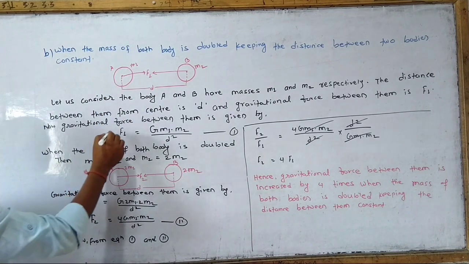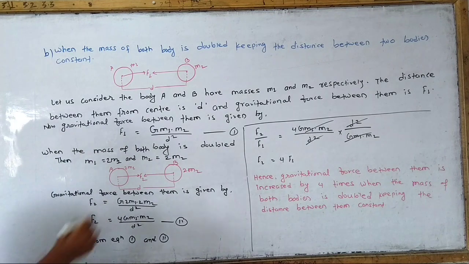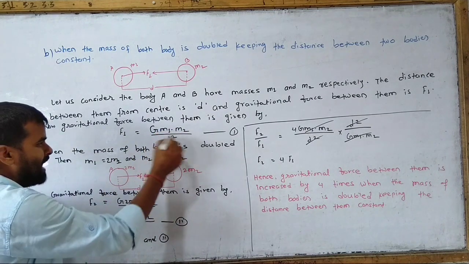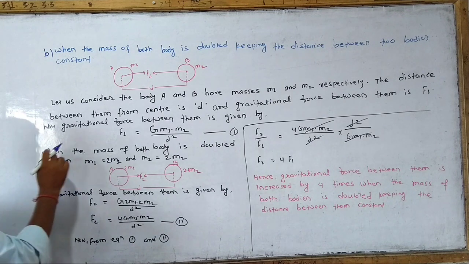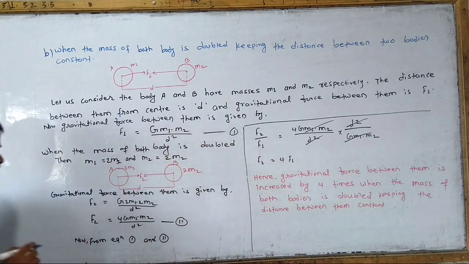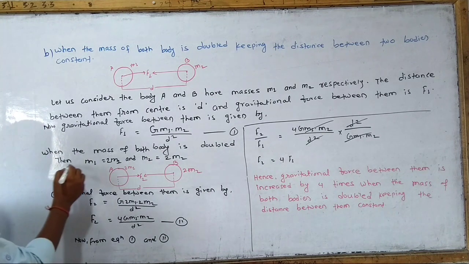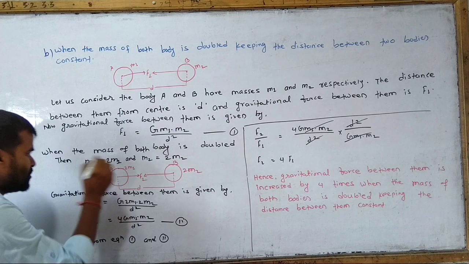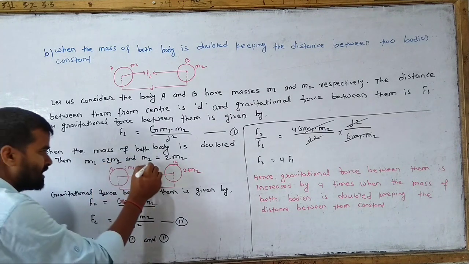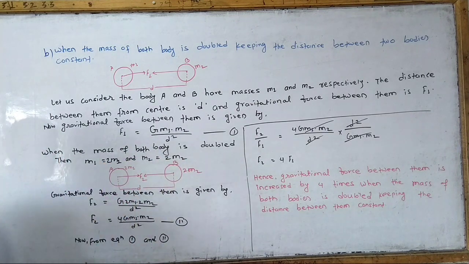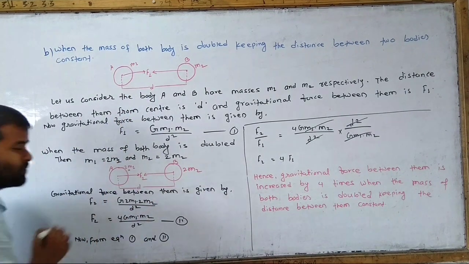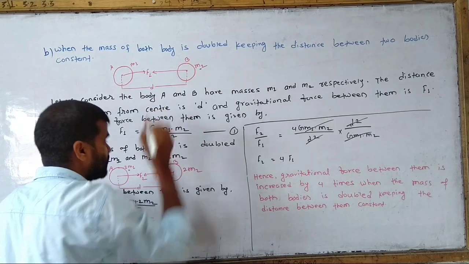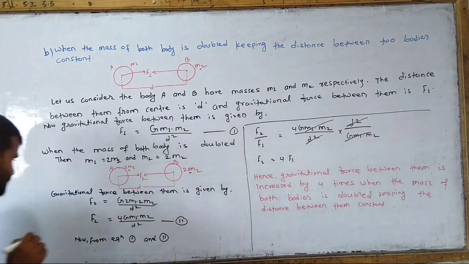So F1 equals G m1 into m2 by d square. Now m1 becomes 2m1 and m2 becomes 2m2.